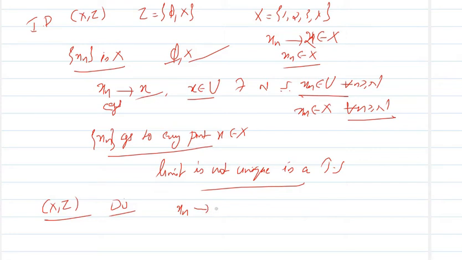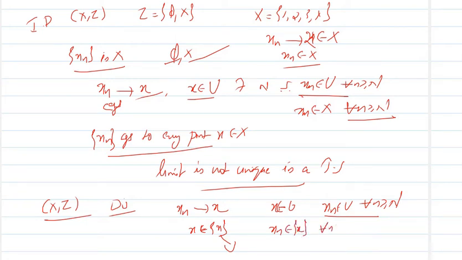If xn converges to x, then for every open set U containing x, xn belongs to U for all n greater than or equal to N. But the singleton set {x} is an open set in a discrete topology that contains x. So x is contained in this open set, which I am taking as U. And I need to get this: xn belongs to U. That means xn belongs to the singleton set {x} for all n greater than or equal to N.